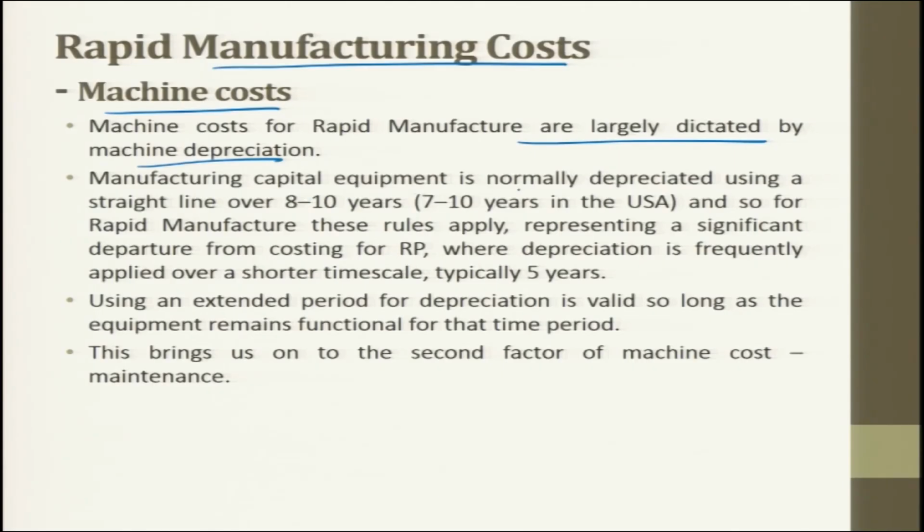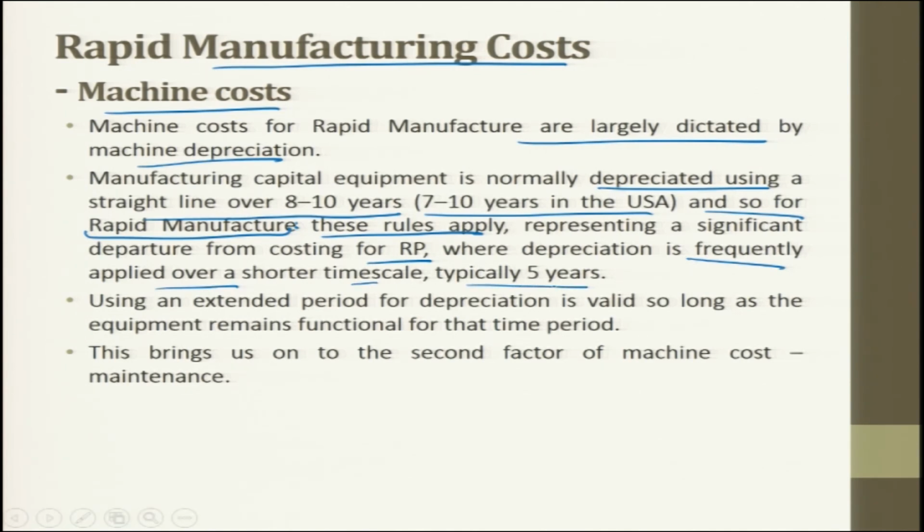Manufacturing capital equipment is normally depreciated using a straight line over 8 to 10 years, 7 to 10 years in the US, and so far in rapid manufacturing also these rules apply, representing a significant departure from costing for rapid prototyping, where depreciation is frequently applied over a shorter time scale, typically 5 years. Using an extended period of depreciation is valid so long as the equipment remains functional for that time period.